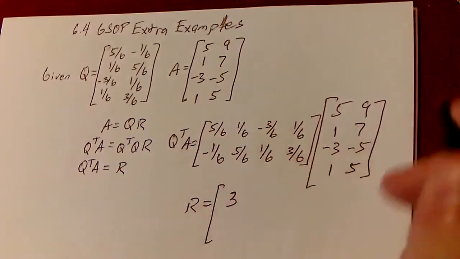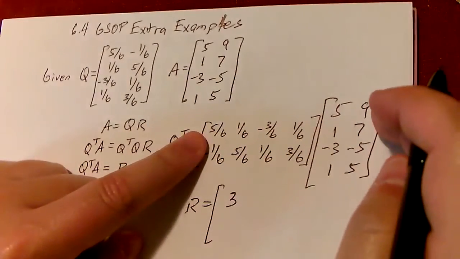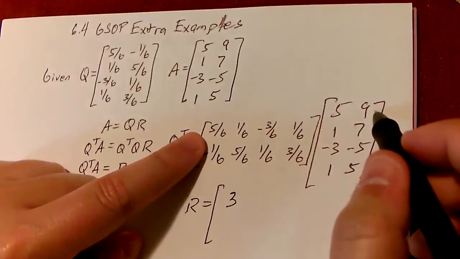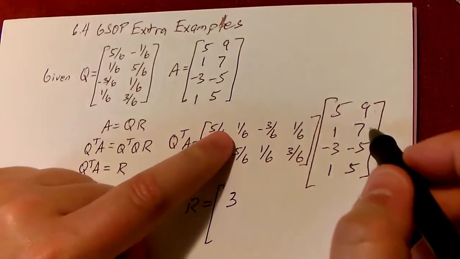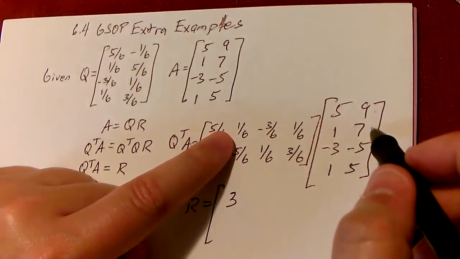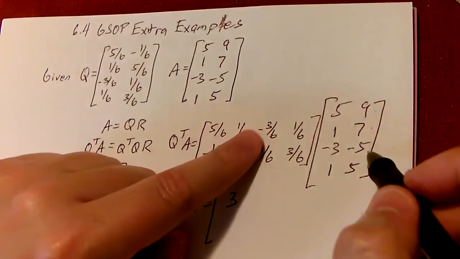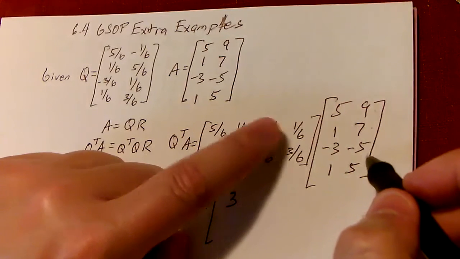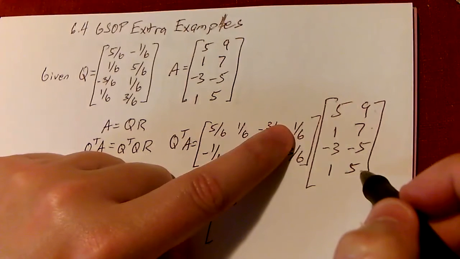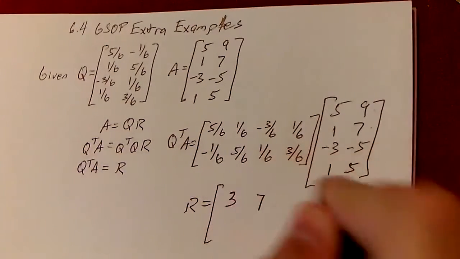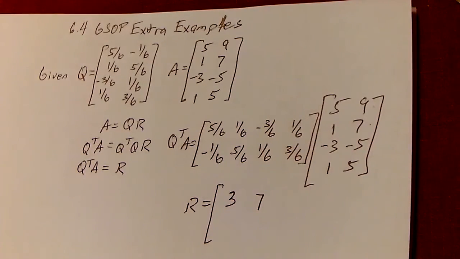That is 3, okay? First row, second column, I've got 45/6, plus 7 makes 52, minus 15 makes 37, plus 5 makes 42, 42/6, that's 7, okay?